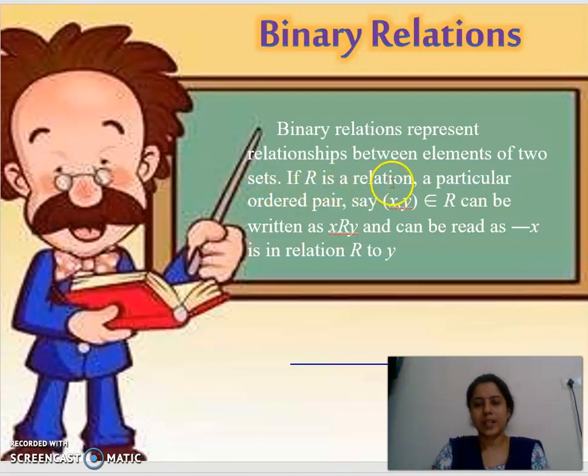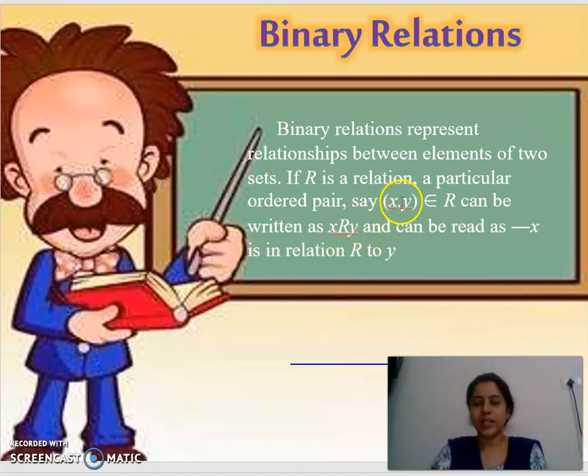So R is a relation between the two sets such that (x, y) is an ordered pair. As I said, a relation is an ordered pair. Here we took (x, y) that belongs to R, which can be written as x is related to y, and we can read it as x is in relationship R to y.